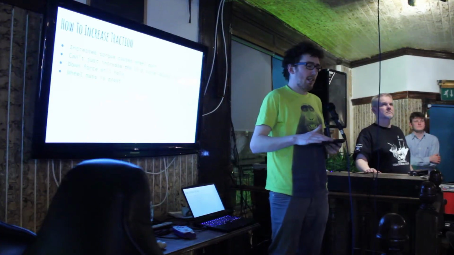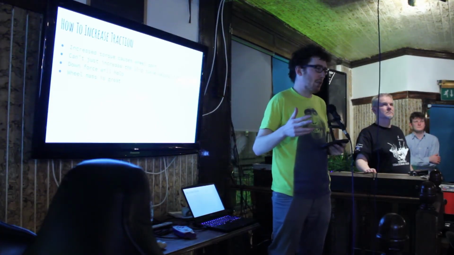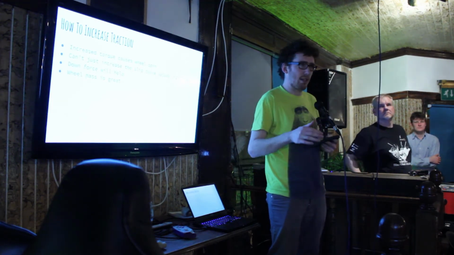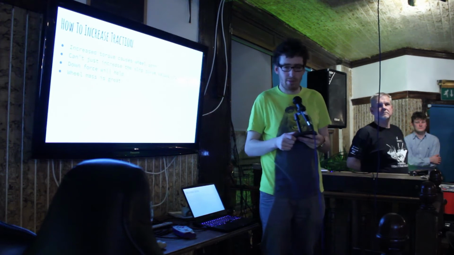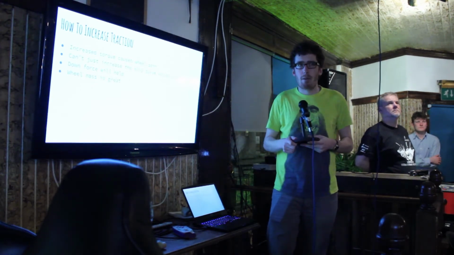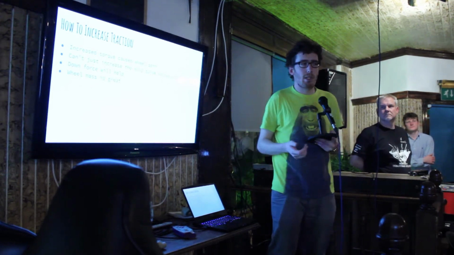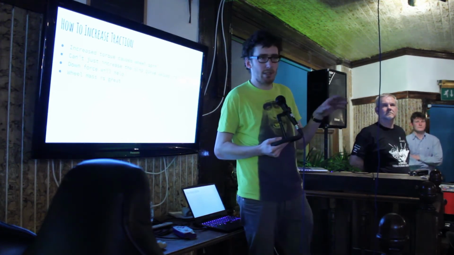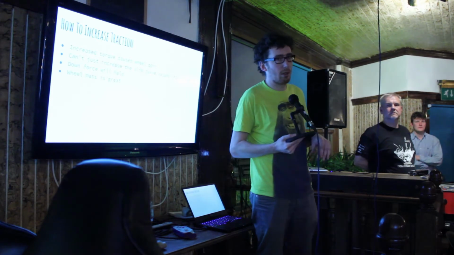If I increase the slip values, then they still kind of spin, and if you increase it too much, it starts to get all jerky. The physics engine didn't really like the values being that high. So downforce can help. In the Unity example car project, they apply downforce, and that's not something the wheel colliders do for you.